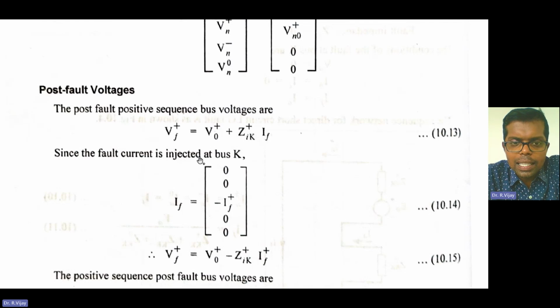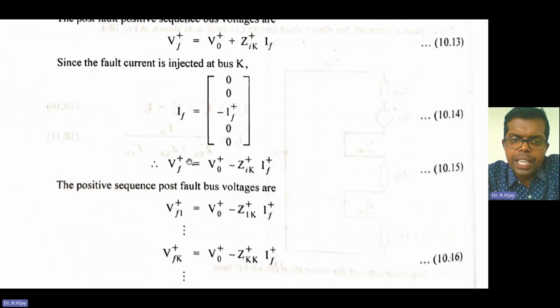Since the fault current is injected at bus K, which is the kth bus, all other components become 0 and only the positive sequence fault current will exist, minus If positive, with the others 0.